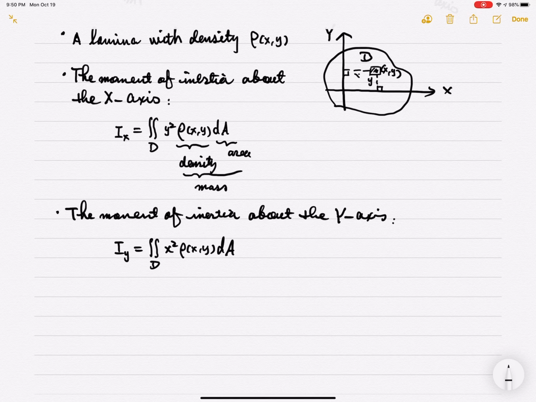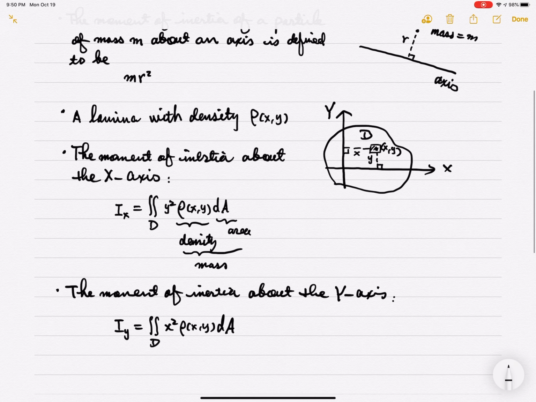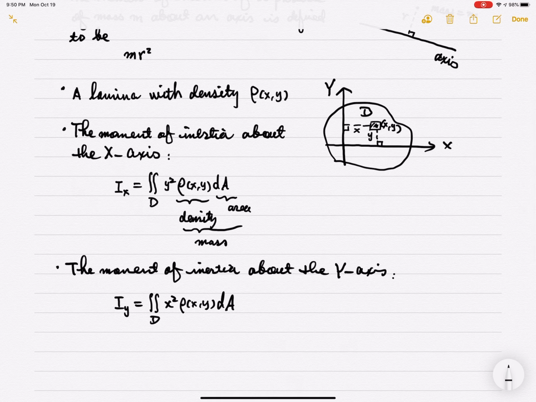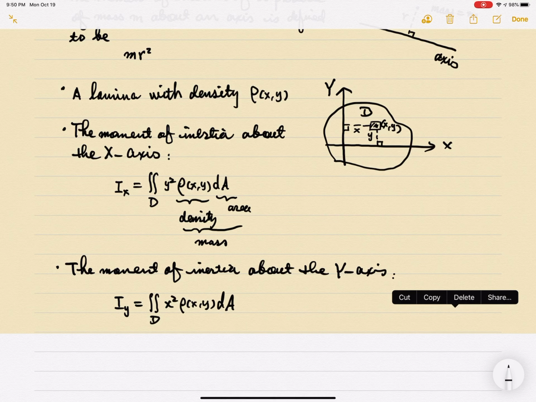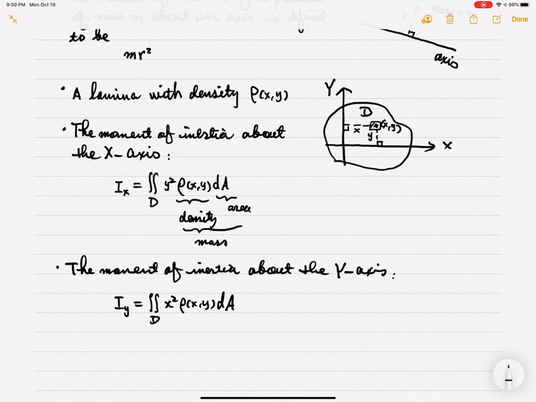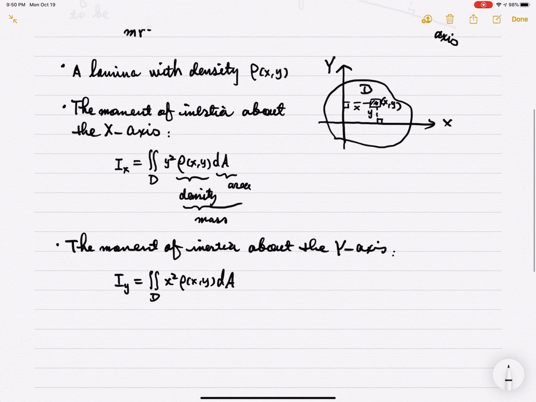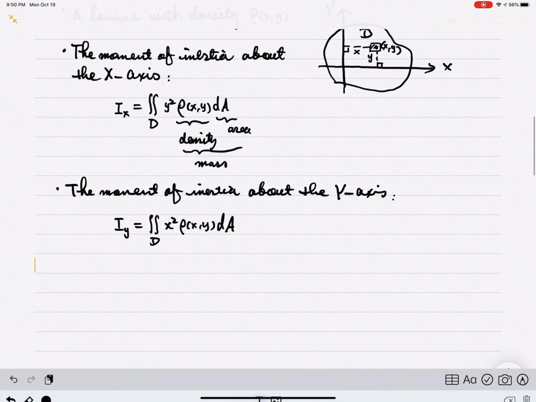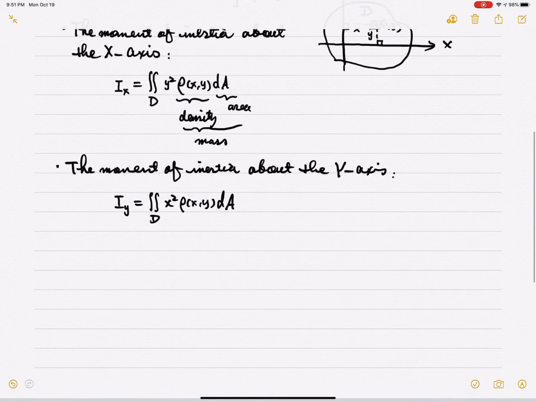So density times x squared, density times the area dA is the mass, and times the x squared, that's the moment of that small piece of mass about the y-axis. Then you add them up, and then take a double limit, and we have this double integral.